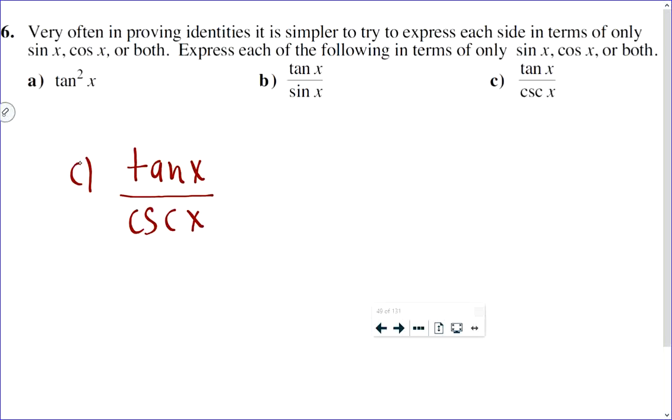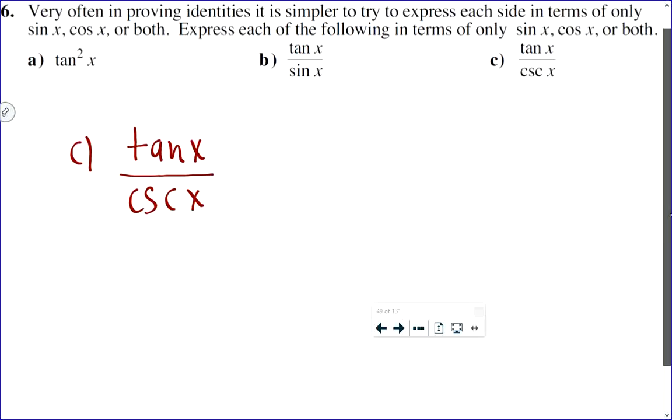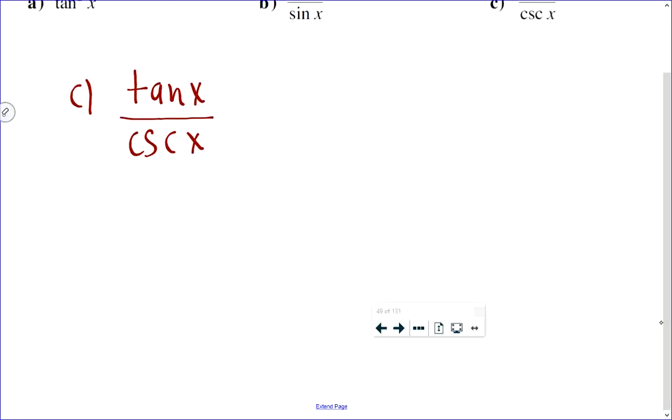This is going to become important in a second. So I'm going to rewrite everything in terms of sine and cosine. Tangent of x is sine of x over cosine of x, because that's one of the quotient identities. Cosecant of x is 1 over sine of x, because that's one of the reciprocal identities.